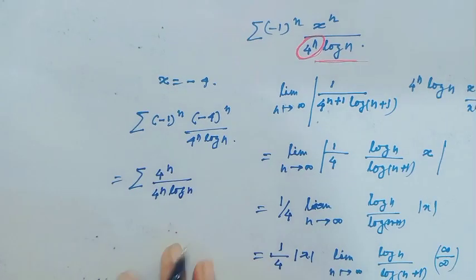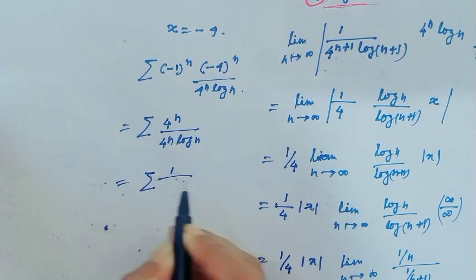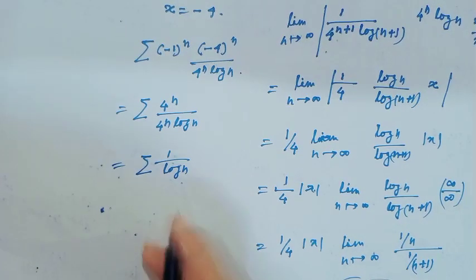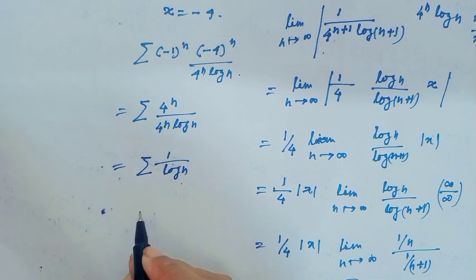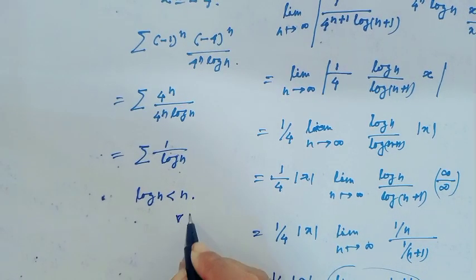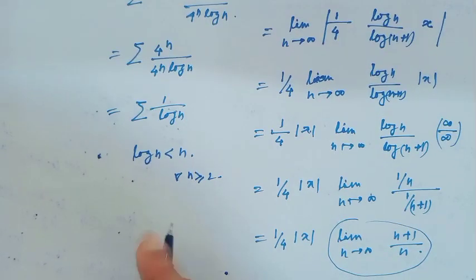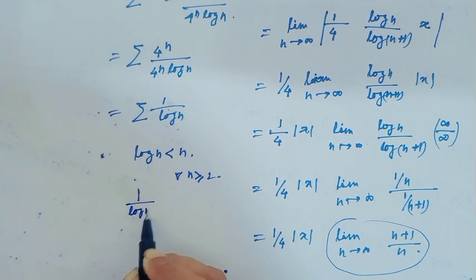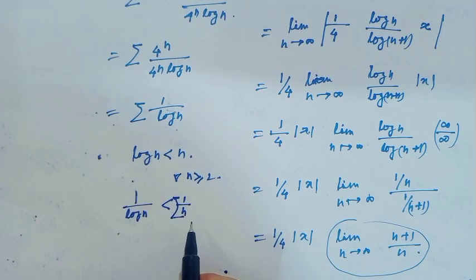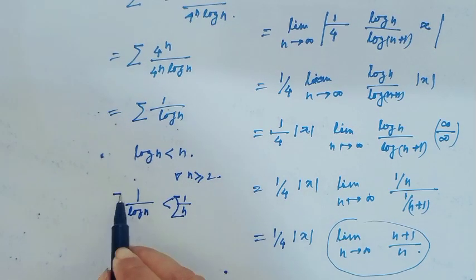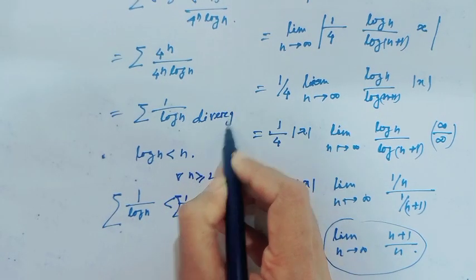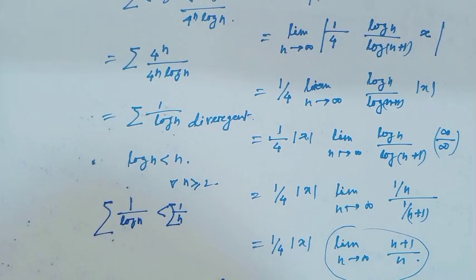That means this is represented as 1 over log n. And we all know this series is divergent because log n is less than n for all n greater than or equal to 2. Therefore 1 over log n is greater than 1 over n, and the series of 1 over n is divergent. Therefore, by the comparison test we can tell this series is divergent. Therefore at x equal to minus 4 this series is divergent.